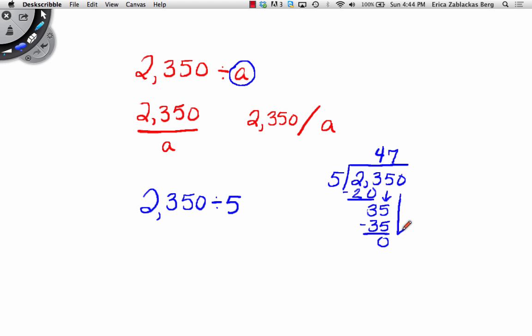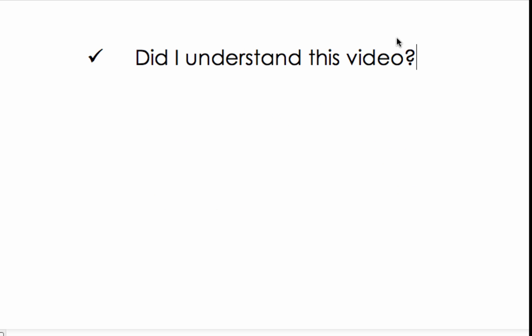And we bring down our last 0, and we still have to work with it. 5 goes into 0 0 times. 5 times 0 is 0, and we have 0 remainders. This means if we were to answer this question in a complete sentence, George can spend $470 on each of his children's rooms.